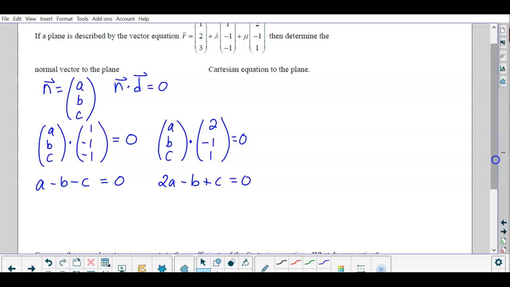Okay, so that's two equations in three unknowns. So we want to solve that, at least get it down to two unknowns. So I would solve this system and, let's say, get rid of the c's because they're opposite sides.